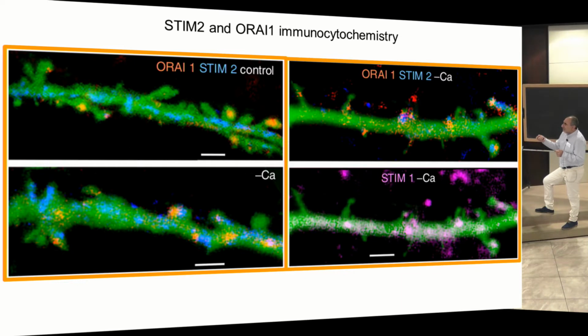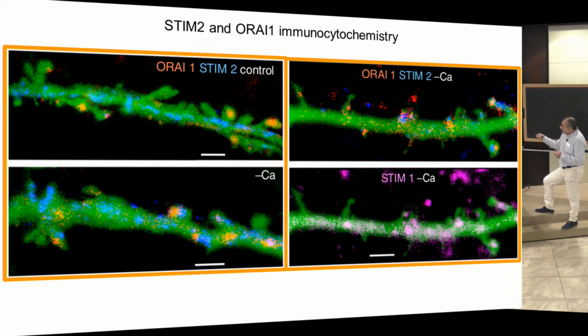But if we keep cells in calcium-free extracellular medium, after a while we can see colocalization very clear, not in all spines, but in some of them, between ORI and STIM.